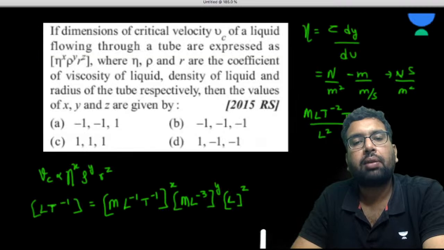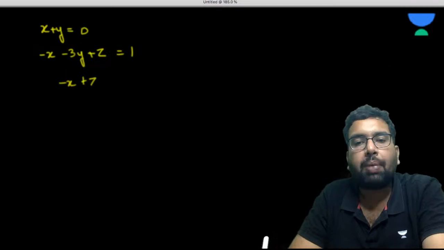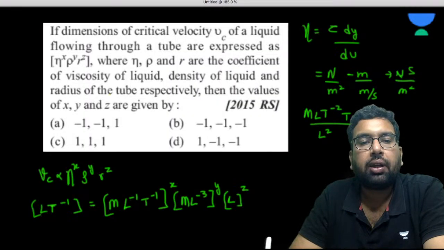Okay, x plus y is equal to 0. Then minus x, sorry, I just missed one thing. See, if you miss something, the solution is going to be wrong. So minus x plus z is equal to 1.